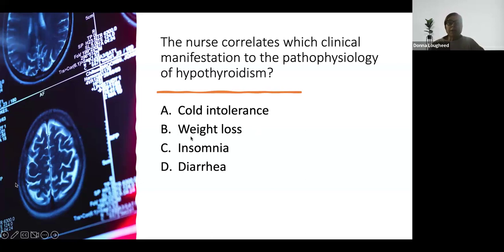Would it be weight loss? In this case, with a slow metabolism, they'd have weight gain. Insomnia? No, they're very fatigued and tired because of that slow metabolism. Diarrhea? No, they would be constipated because of the slow GI motility. So the answer is cold intolerance.